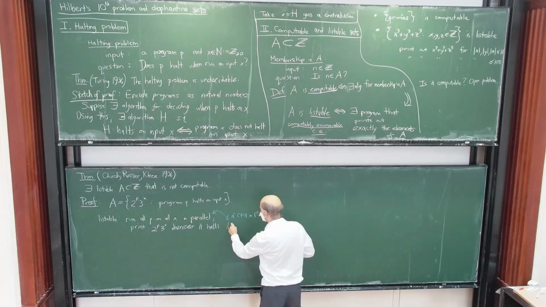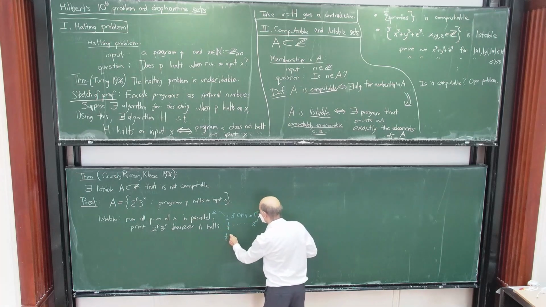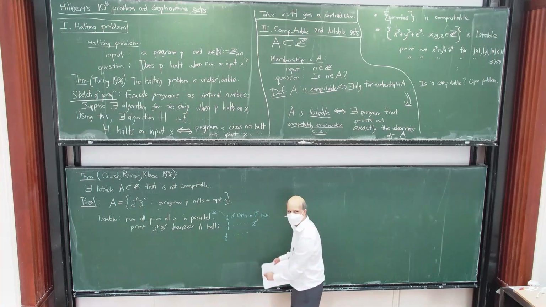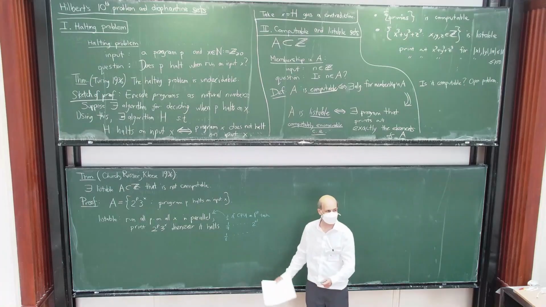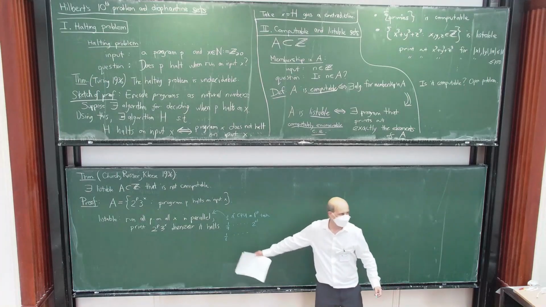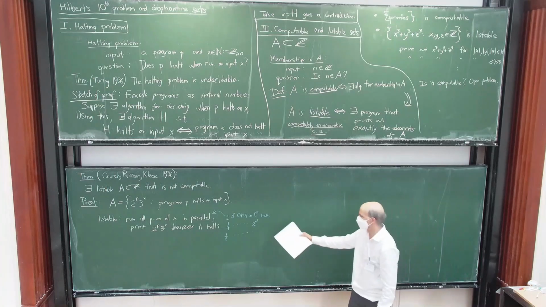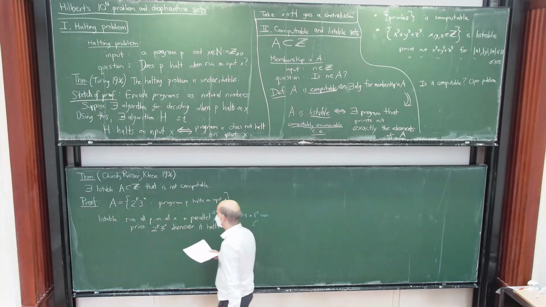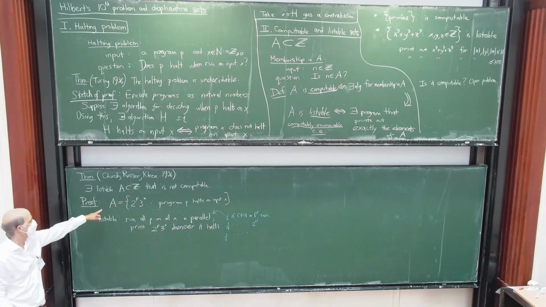You spend 1/4 of the CPU on the second task, 1/8 on the next, etc. Some of the tasks are running very slowly, but it's okay. If any one of them halts, eventually you'll see it and you can print it out. So eventually this will print out exactly the set A.